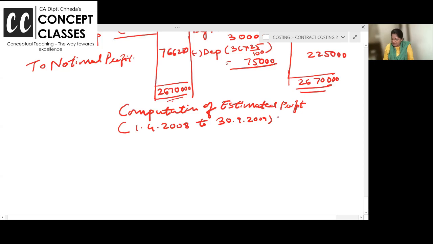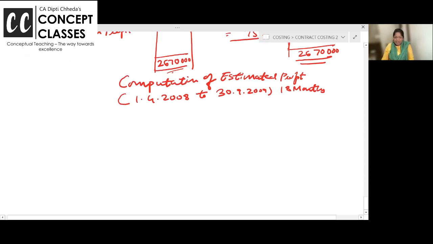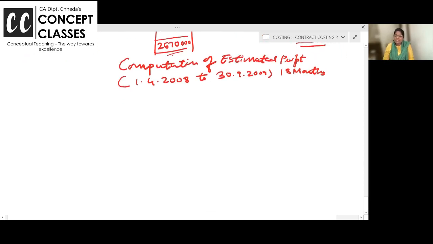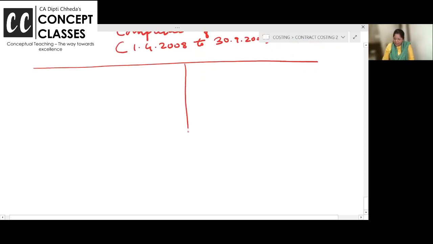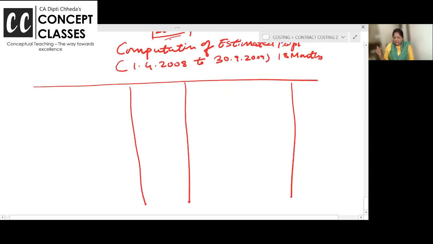So that means it is for 18 months. Total 18 months contract account we will prepare, and this is just an estimate. 18 months में पूरा contract खत्म हो जाएगा. So you will write on the credit side the contract price and on the debit side all other details.